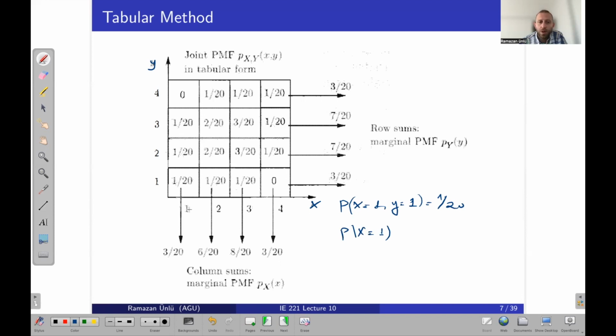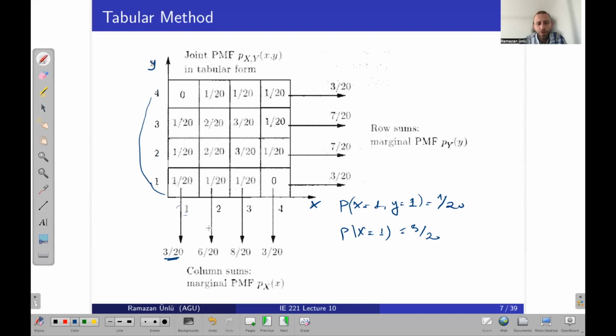What do I need to do? I will keep x as 1, and I will look over all possible y values. In the case of x equal to 1, y can take 4 different values, 1, 2, 3, and 4, and the summation of these probabilities gives me the probability of x equal to 1, which is 3 over 20.